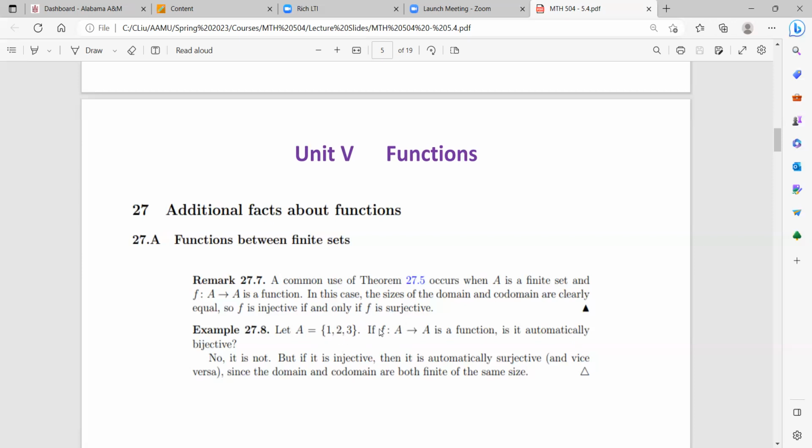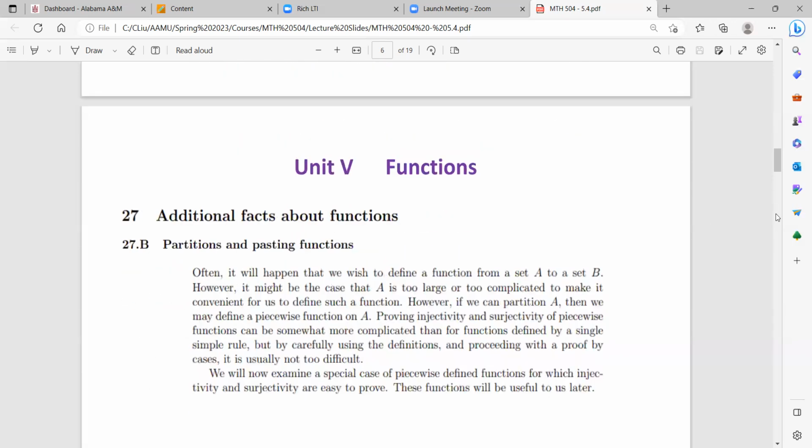Domain and codomain, or image actually, have the same size when it's surjective, right? So then it has to be one-to-one. So if you know this function is injective, then you know it's bijective. Or if you know this function is surjective, then you know it's bijective also, right?